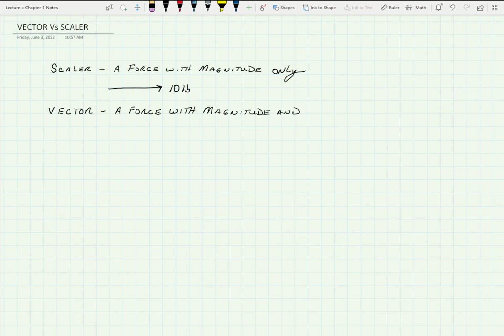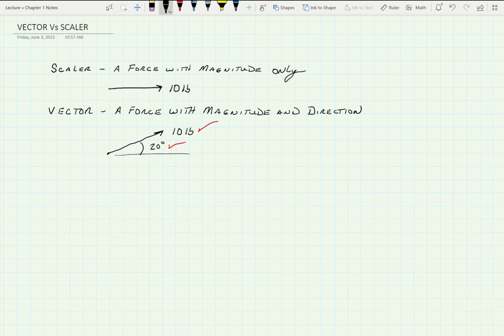Oops, just put that down as a D. Okay, and that means we have 10 pounds and we have an angle of 20 degrees, let's say. Okay, so we get the magnitude and we got the direction. Okay, so that's the difference between a scalar and a vector.